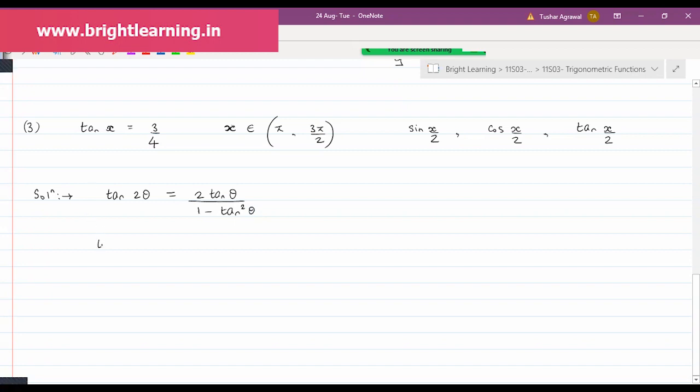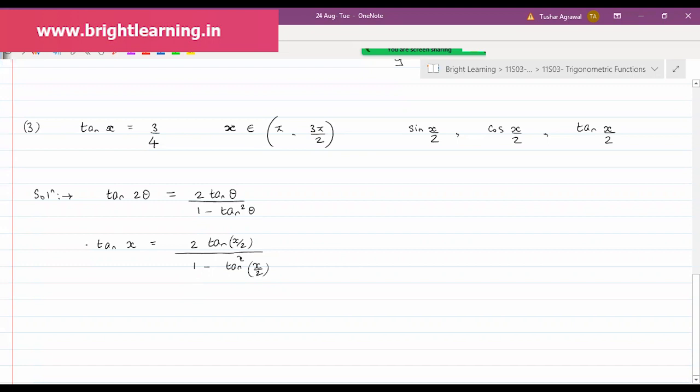You can definitely use this, nothing wrong in it. So instead of 2 theta, if you use x, tan x will be equal to 2 times tan of x by 2 upon 1 minus tan square x by 2.